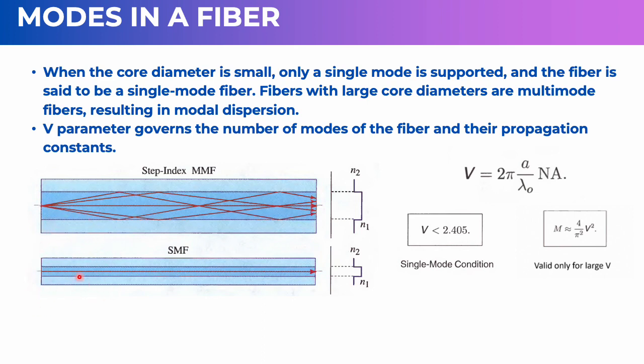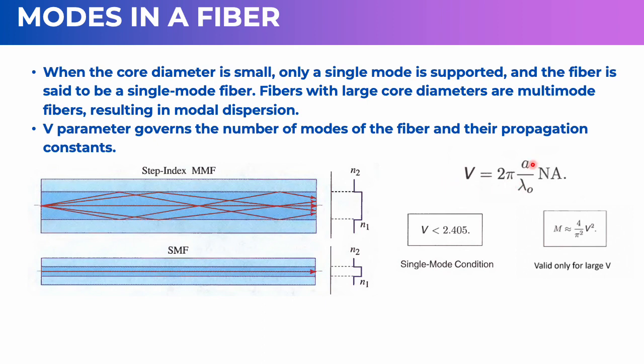And usually when the core diameter is smaller, then a single mode is supported, and the fiber is called a single mode fiber. But as we increase the core diameter, the fiber starts supporting multiple modes, and that might also lead to some modal dispersion within the fiber. So the mathematical constant which decides how many modes can be supported in a particular fiber for a particular wavelength is called the V number.